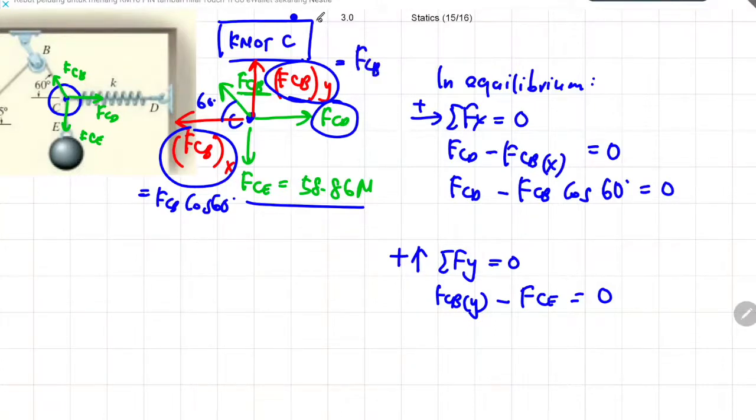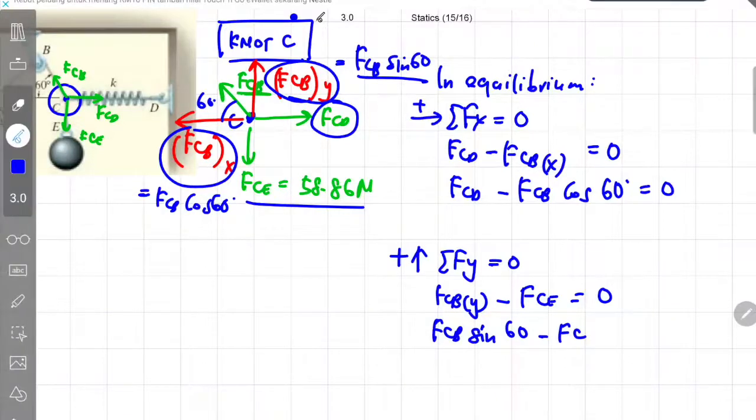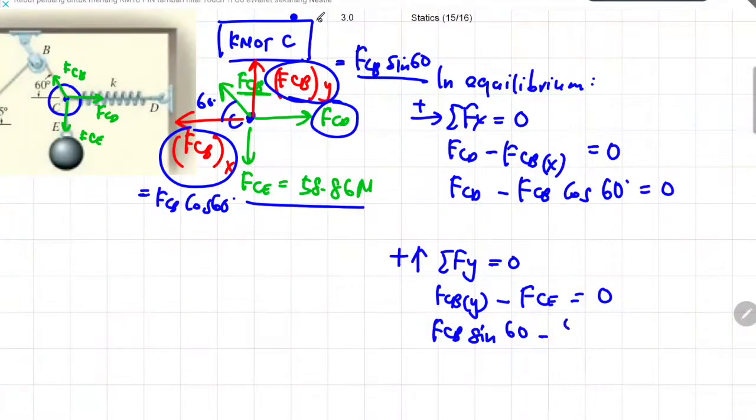Okay, now FCB along the y direction can be calculated by using the formula FCB multiplied with sine 60 degrees. If you don't understand, recall from the previous chapter. And then minus FCE. FCE we already obtained from the previous equation. We already got 58.86 Newton. So you put it in your equation and this summation should be equivalent to 0.